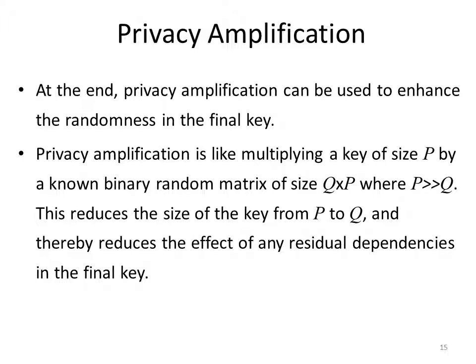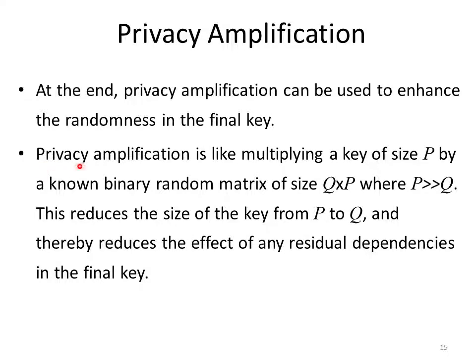The matrix is known to the eavesdropper, but the result of the multiplication of that matrix will convert a bit key that may have some residual redundancy in it, and the size is 1,000, into a smaller key of size 500, which is more secure.